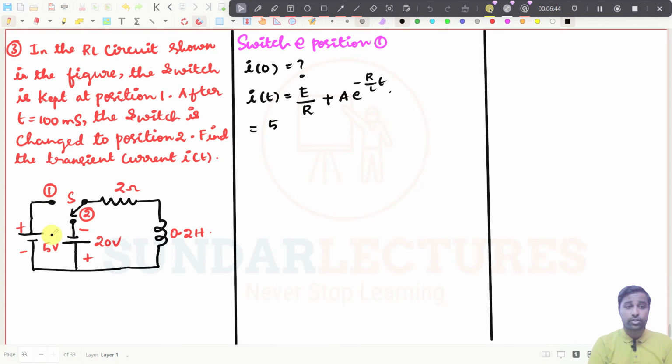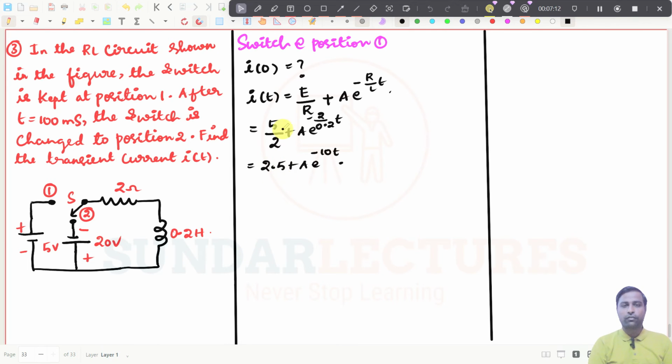At switch position 1, it is 5 divided by R, which is 2, plus A e power minus R by L t. R divided by L is 2 divided by 0.2. So the expression you get is 2.5 plus A e power minus 10t.